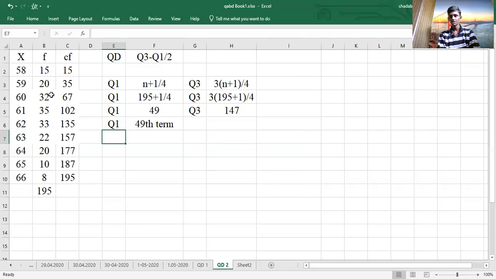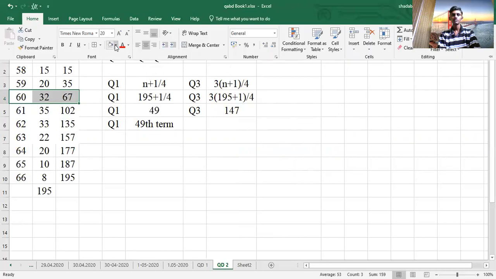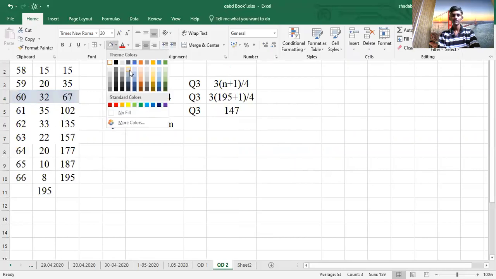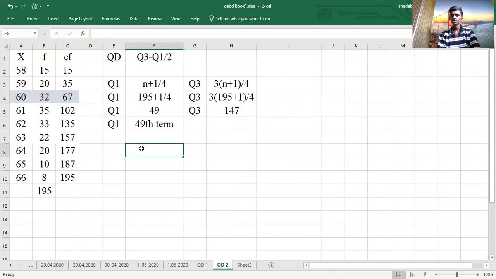So we take the class of 67, the 67th term, for getting Q1. Where is this 67 lying? It is lying in 60. So Q1 equals 60.